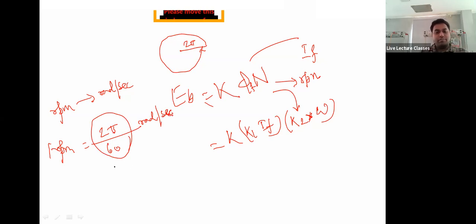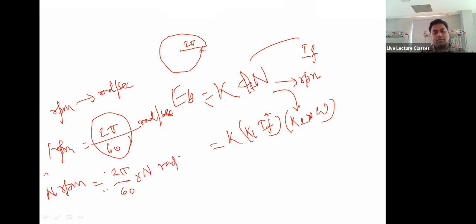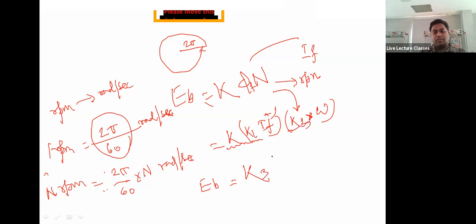So 1 RPM is equal to 2 pi by 60 radian per second. In other words, we can change this n RPM to 2 pi by 60 into n radian per second. That's it. Got it? So we can write E back equals a big constant, consisting of this constant K1 and K2, say this is K3, K3 IF into omega.